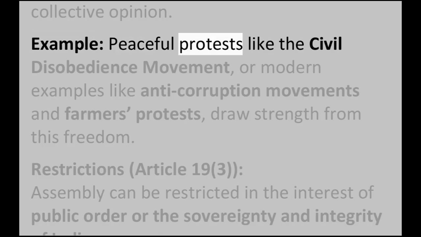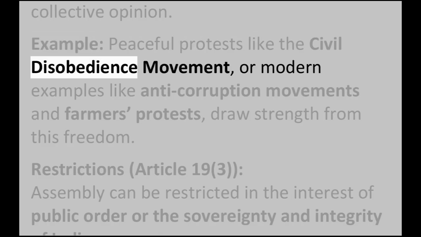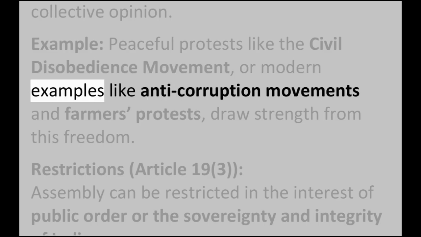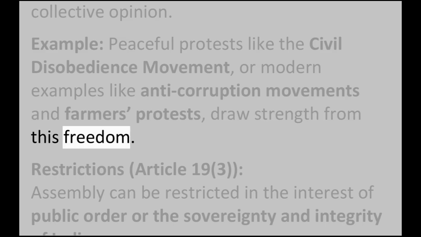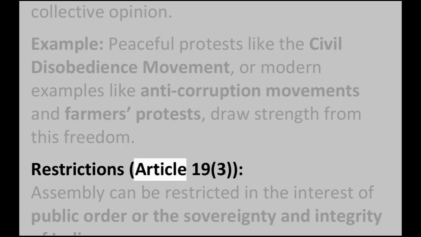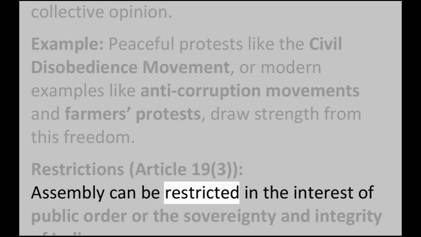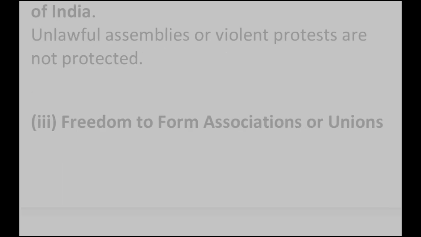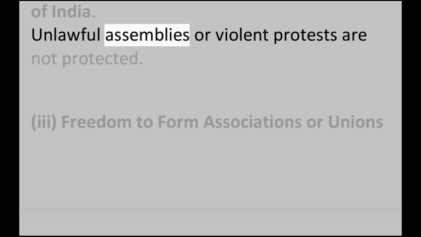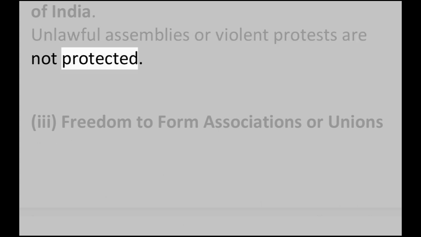Example: peaceful protests like the civil disobedience movement, or modern examples like anti-corruption movements and farmers' protests, draw strength from this freedom. Restrictions, Article 19(3). Assembly can be restricted in the interest of public order or the sovereignty and integrity of India. Unlawful assemblies or violent protests are not protected.